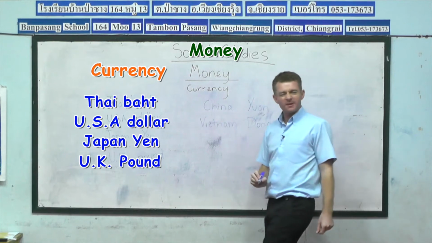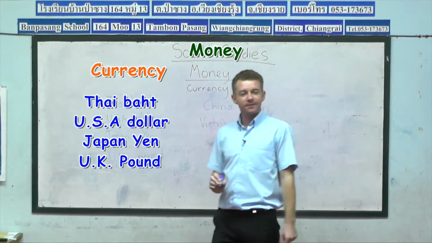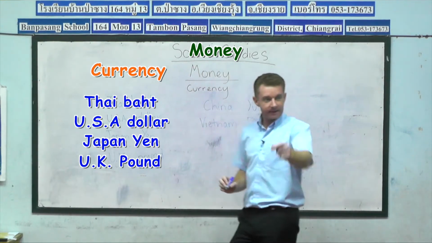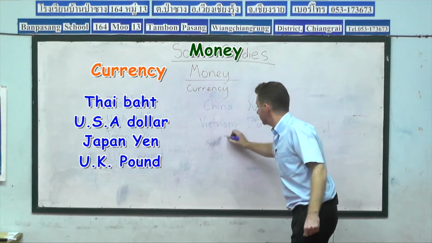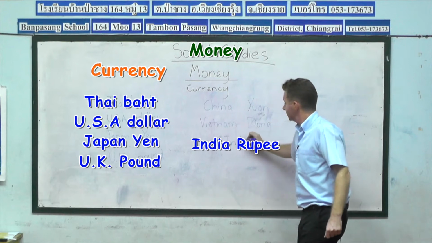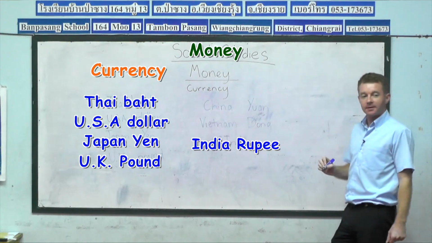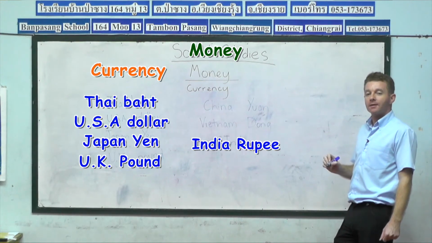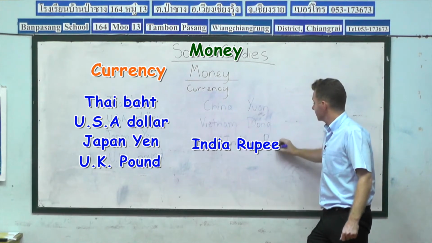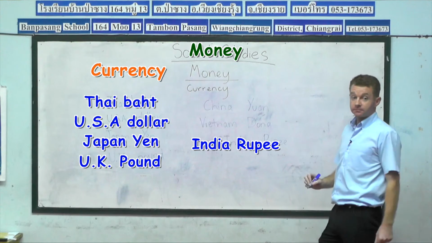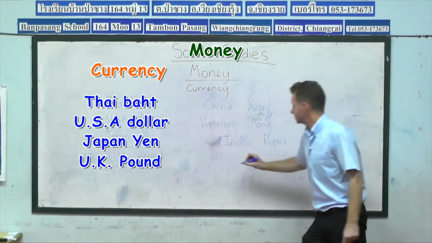And what other countries? We had a couple more countries. One beginning with I. India. Oh yes, we had Europe too, the continent. But let's do India. India, beginning with R. Rupee, yes. And then Europe is the euro.